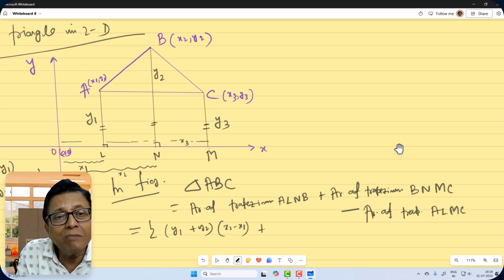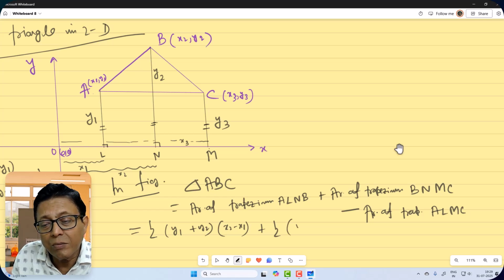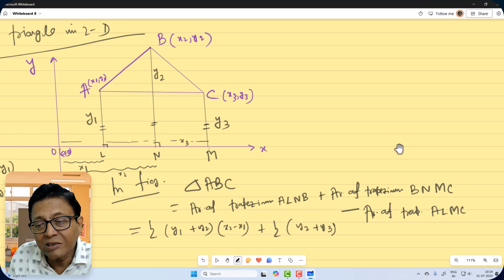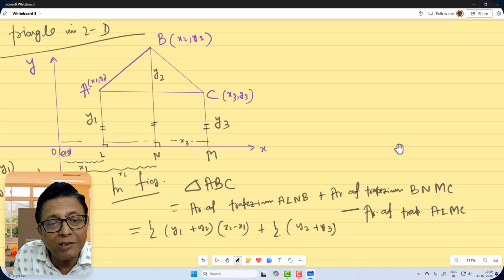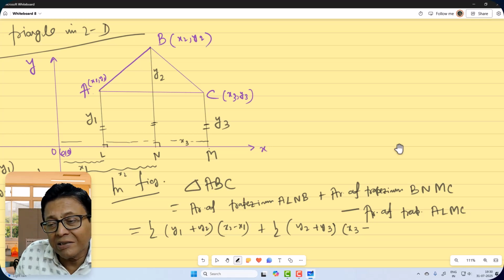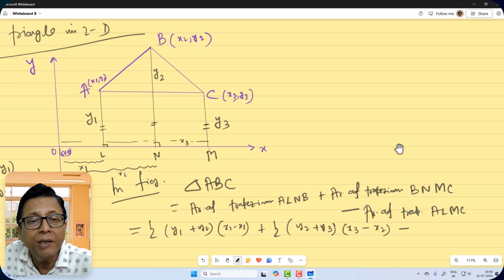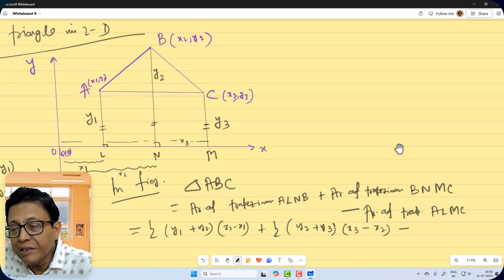Area of BNMC is what? Half into (y2 plus y3) into the distance between them, that is (x3 minus x2), minus the area of ALMC.